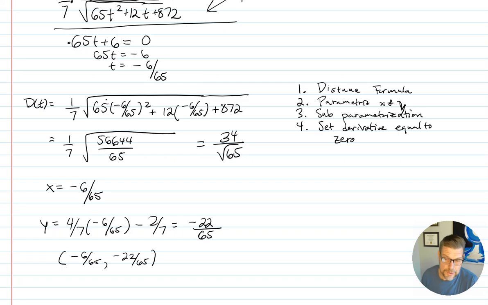When I set the derivative equal to 0, that ends up giving me t. So 5, I plug t into the parameterization.